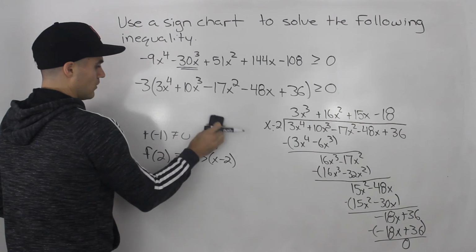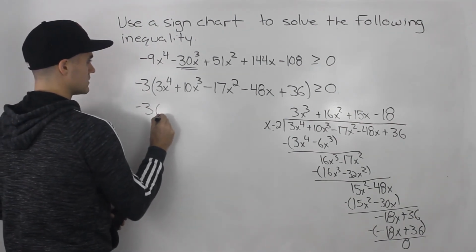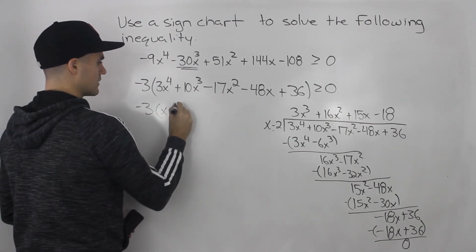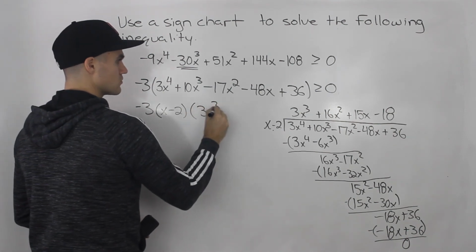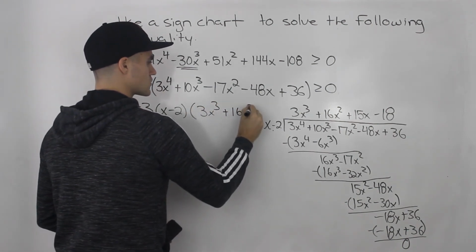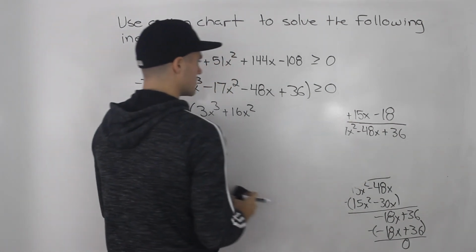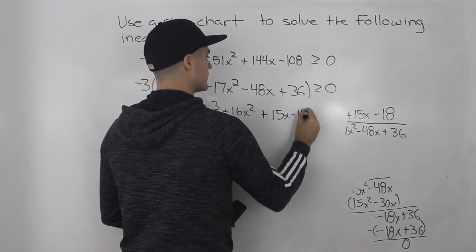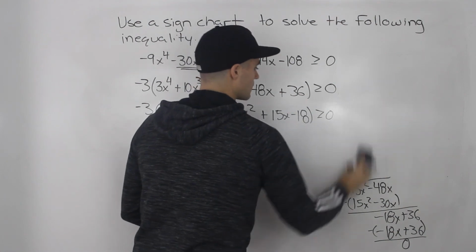Okay, so what we've done so far is we've taken this quartic function and broken it down into x minus 2 and then this quotient, 3x cubed plus 16x squared plus 15x minus 18. We have to find when it is greater than or equal to 0.